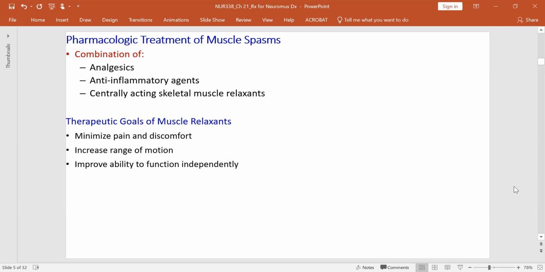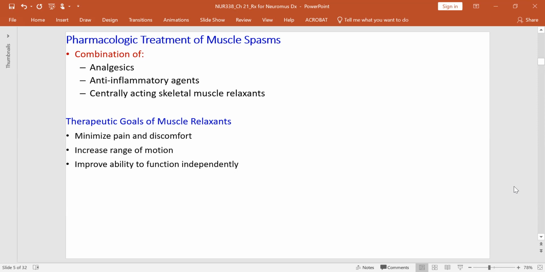So there are two groups of drugs that cause skeletal muscle relaxation. Skeletal muscle relaxants fall into two main groups: one group for localized muscle spasm, and another group for spasticity.